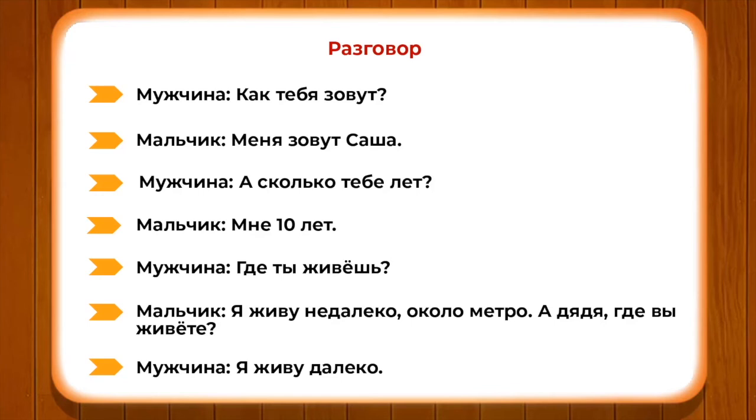Then we have seen the verb жить in a conjugated form of ты and вы. Then we have also seen how to use далеко and недалеко in a particular dialogue.